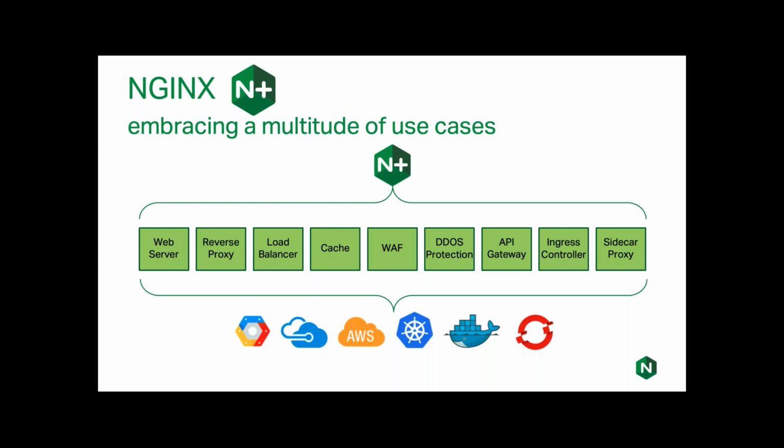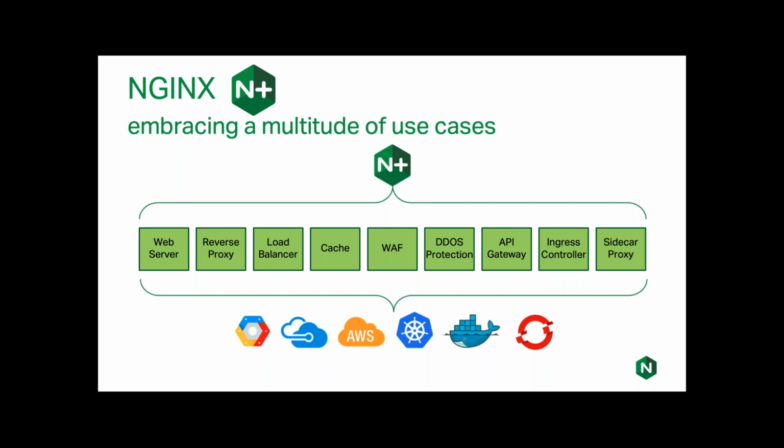So one of the things I really do love about NGINX Plus is that I haven't yet come across a customer that doesn't have a use case for NGINX Plus. And as you can see from this slide, one of the reasons for this is because NGINX Plus can be so many different personalities. And not only can NGINX Plus provide all this functionality that you can see in this slide, we can do it in a single highly available elastic tier that can run in any environment.